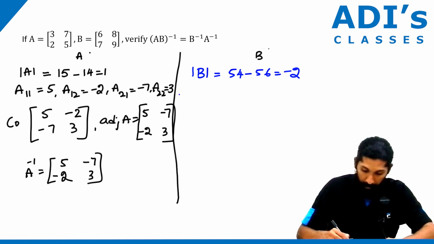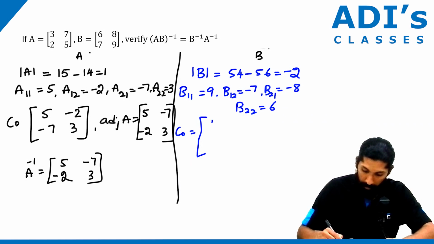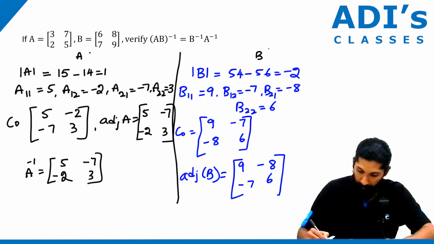Okay, then B11 is 9, B12 is minus 7, B21 is minus 8, and finally B22 is equal to 6. The cofactor matrix is going to become 9, minus 7, minus 8, and 6. Adjoint of B is going to become 9, minus 8, minus 7, and 6.